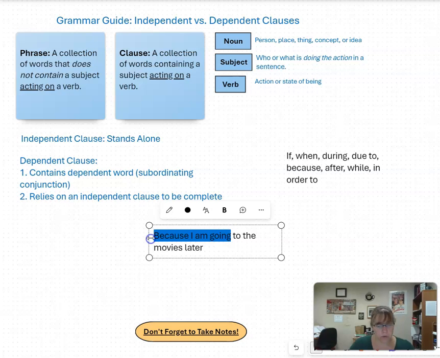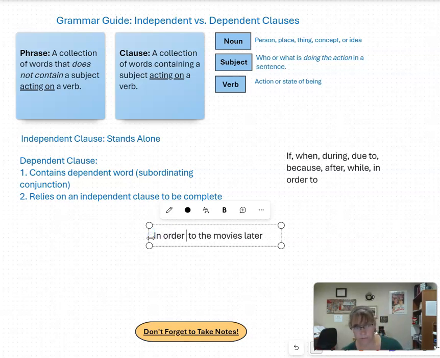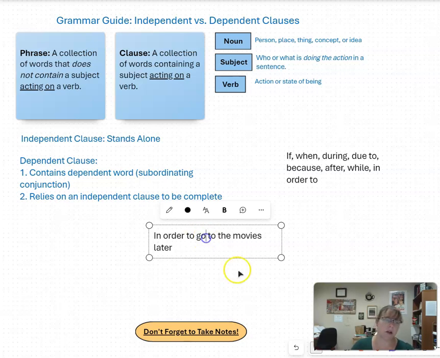Maybe in order to go to the movies later, although now this isn't a clause, in order for you to go to the movies later, you will need to put gas in your car, okay? Something like this. All of this information right here makes this construction, this clause, require more information to make sense.